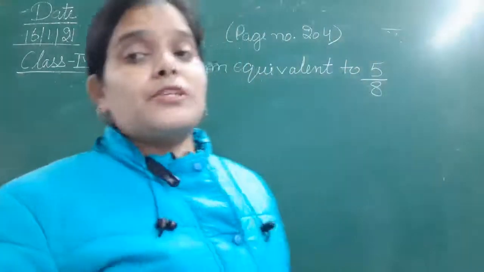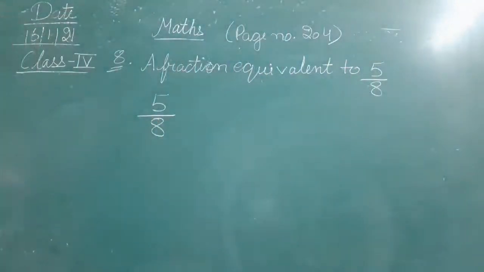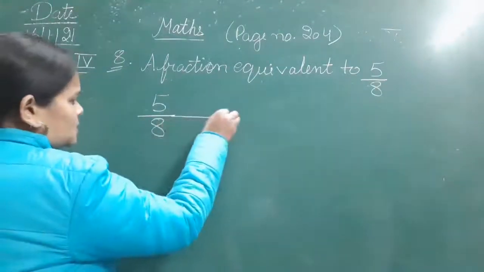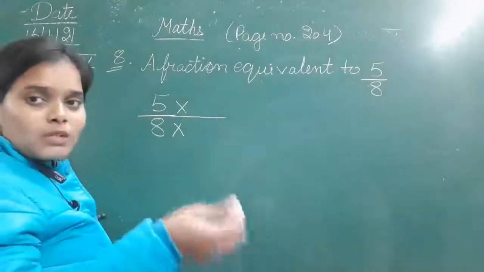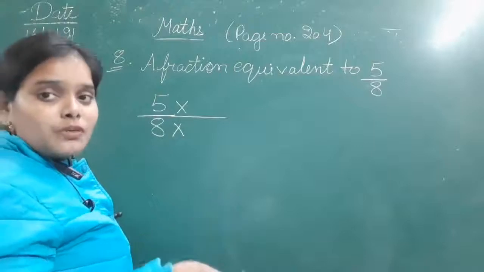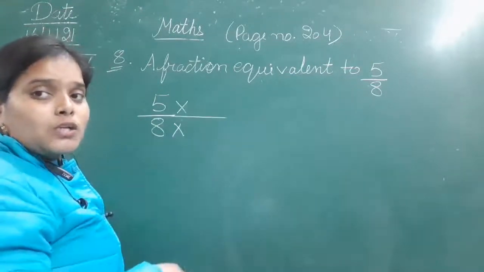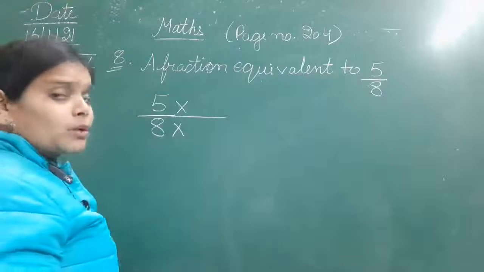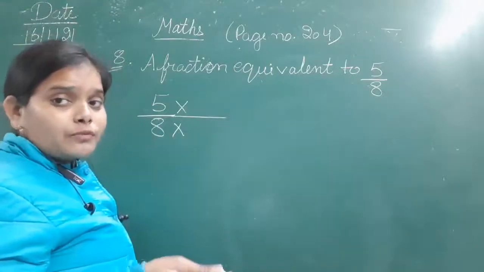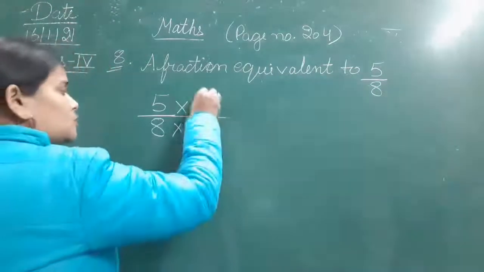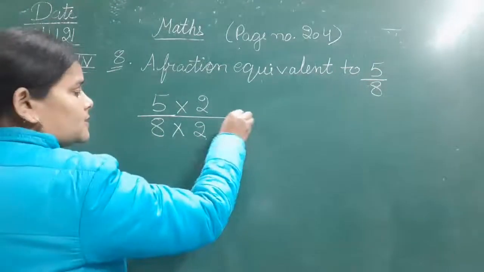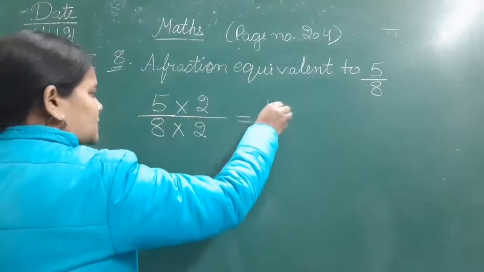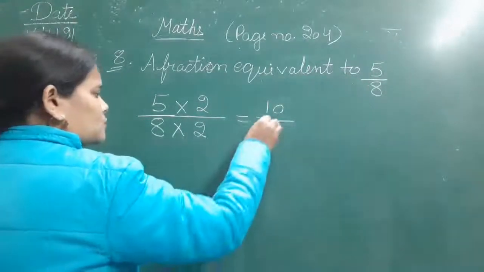Let's multiply both numerator and denominator with the same number. You can choose any number. I'm just choosing the smallest number, that is 2. If we multiply by 1, it will come the same 5/8, and we have to give another fraction. So instead of multiplying with 1, I'll multiply with 2. 5 multiplied by 2 is 10. 8 multiplied by 2 is 16.